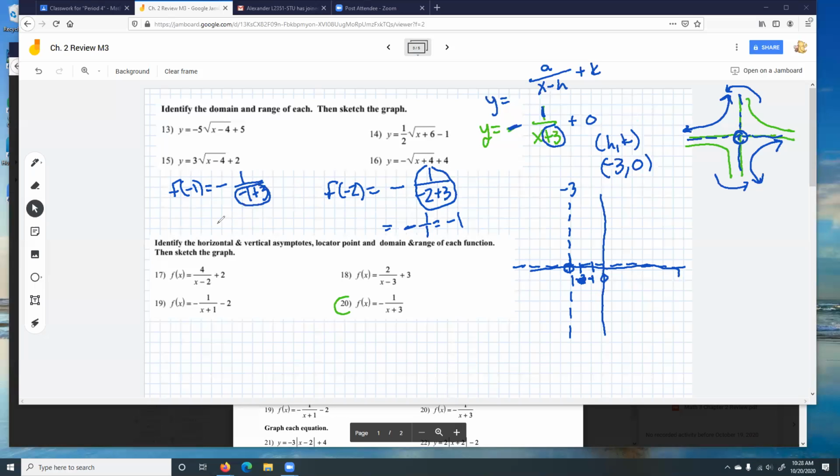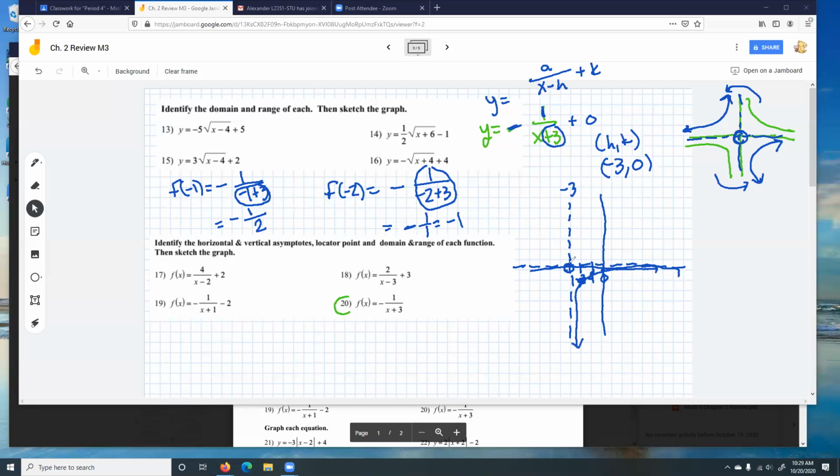So I get -1 over 2. -1 plus 3 is 2, so I get -1/2. Oh, so -1/2 is like this. Okay, and I could plug in 0 into this. Let's see, if I plug in 0, I'm going to get 1/3, right? So you can see my branch is going like this, and it's going to go right up against the asymptote, and the other branch is going to go this way.